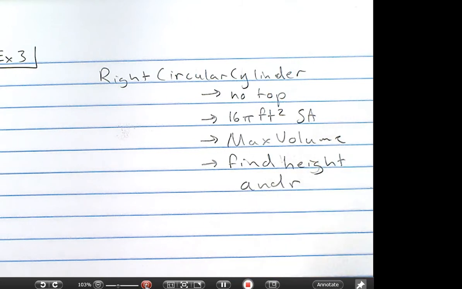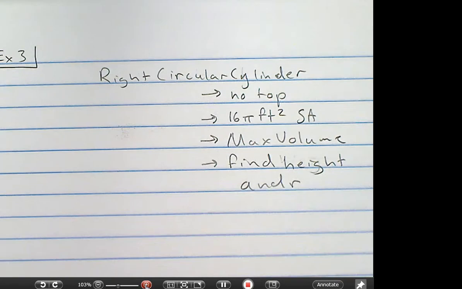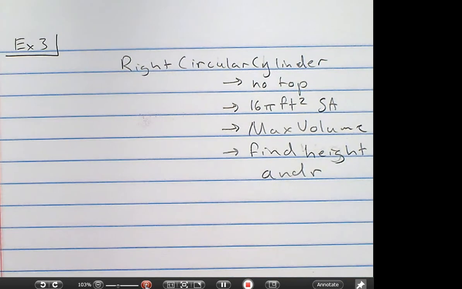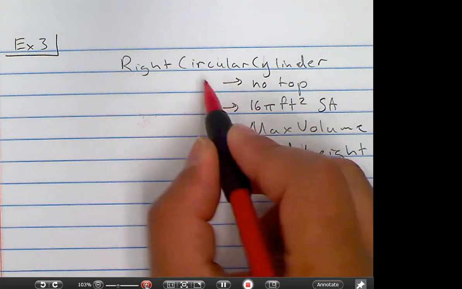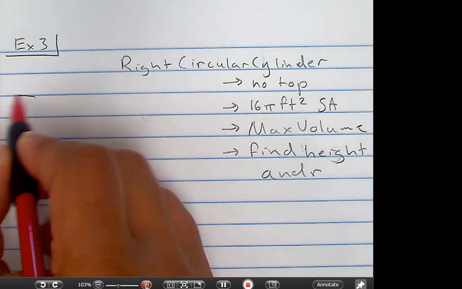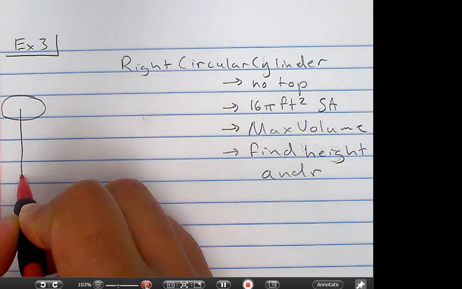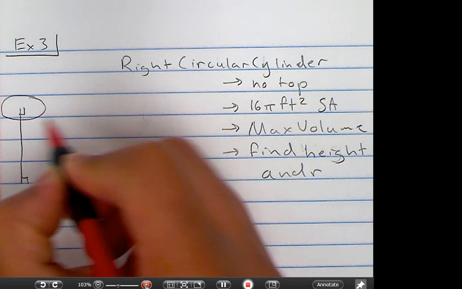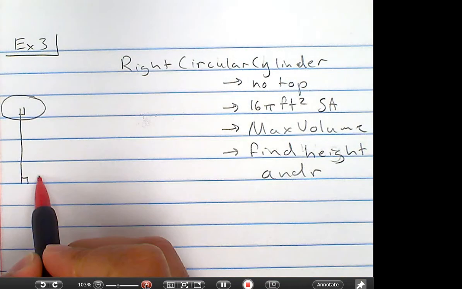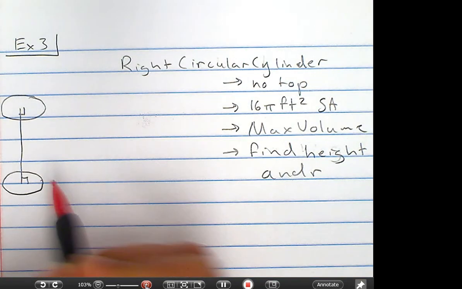Okay, so the first thing we need to understand is we need a good model, and a right circular cylinder, that's just a regular cylinder. It's got a right angle as opposed to a non-right angle. So this is what a non-right angle would look like, Tommy.